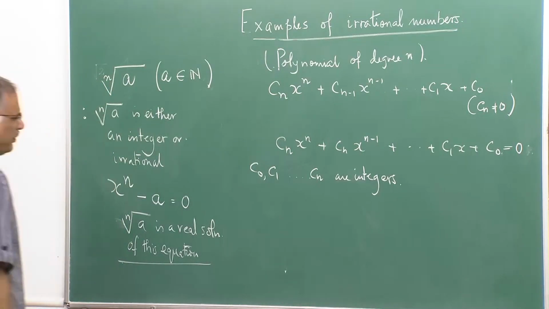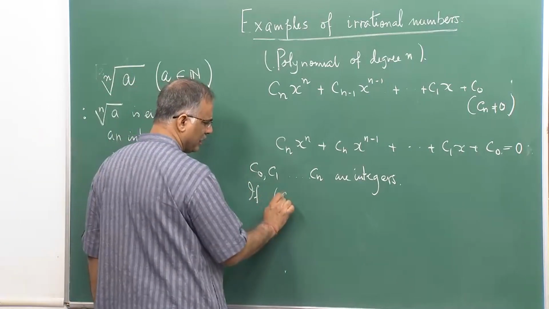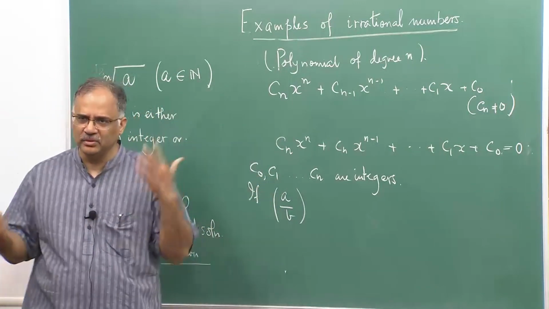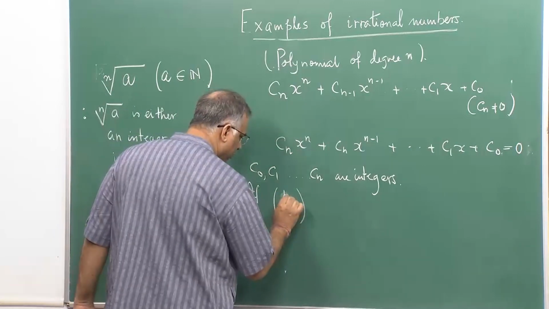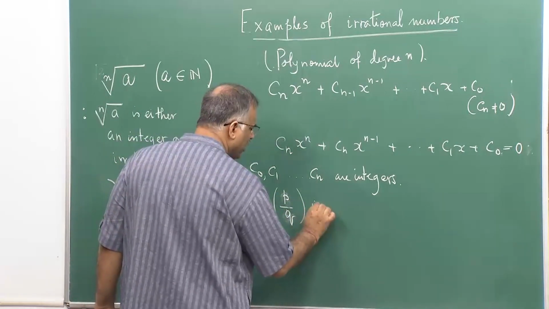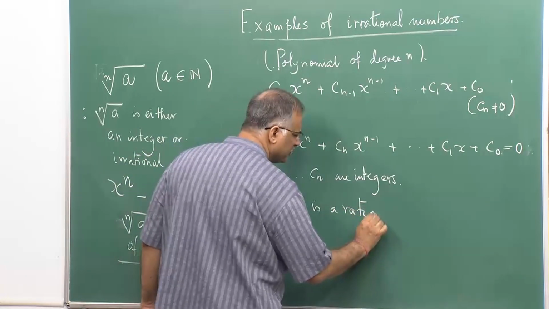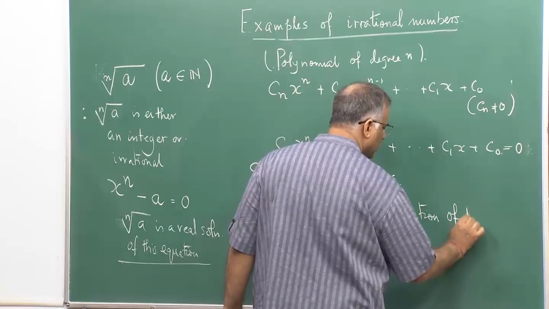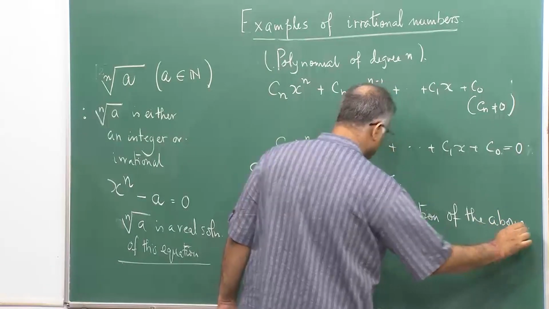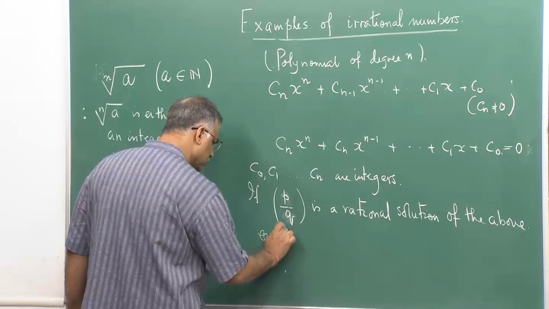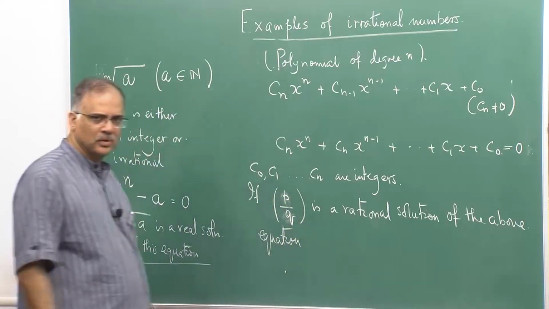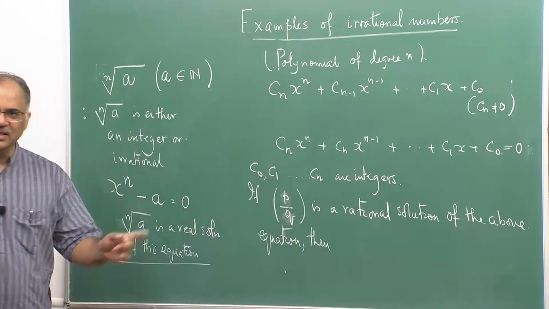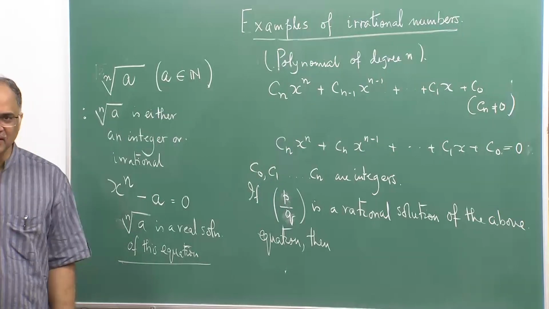The result says that if P by Q is a rational solution of the above equation, where P and Q could be negative or positive, it does not matter, then P divides C0 and Q divides Cn.